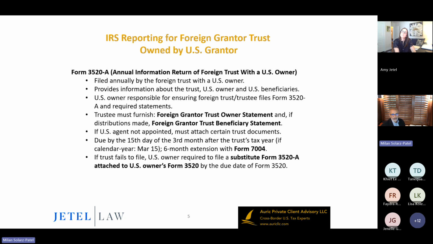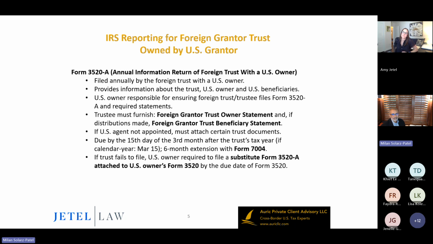The third point to highlight here is that when you're dealing with foreign trusts, if you don't appoint a US agent, then the IRS, again, paranoia sets in, and says we want to see all the documents and we want to get a copy of all amendments and the whole history of the trust.